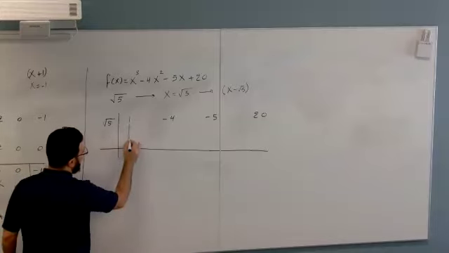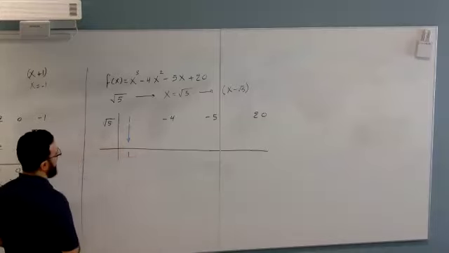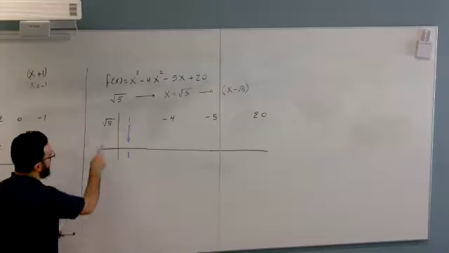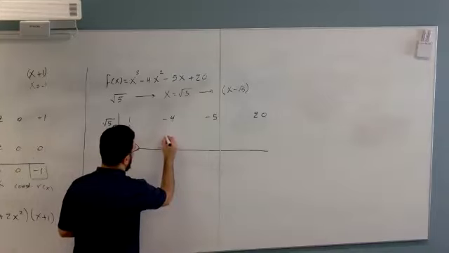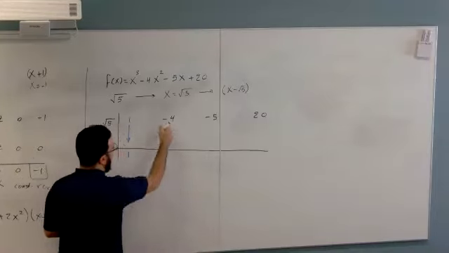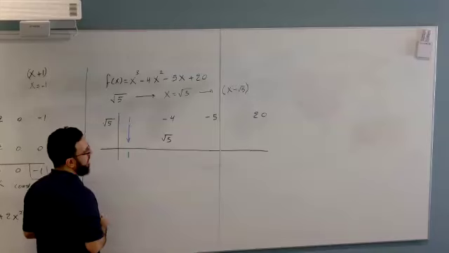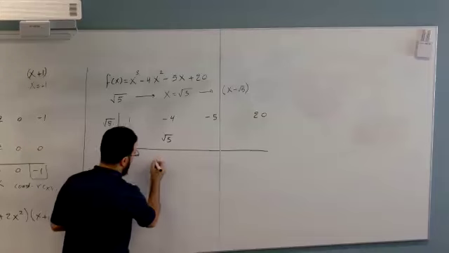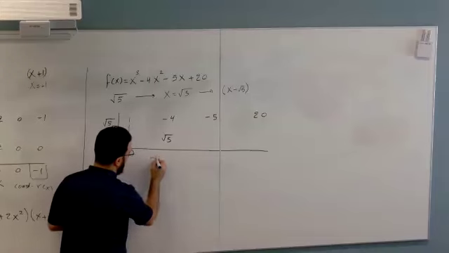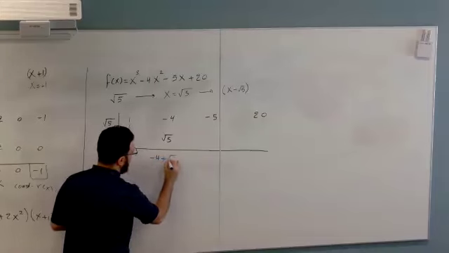Write down this. Here's 1. Then tell me, square root of 5 times 1. That's square root of 5. Add these together. That's why I put the space. It's -4 plus square root of 5.